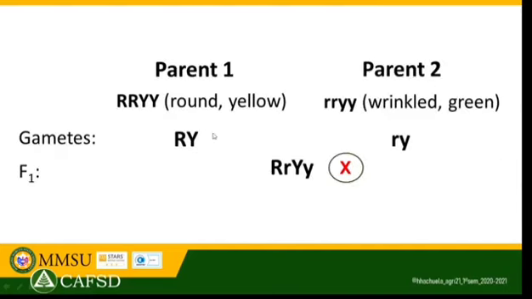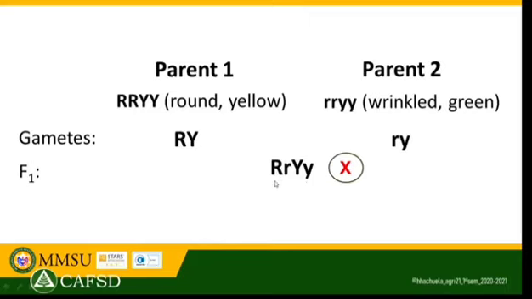We combine the two gametes together, dominant R, recessive R, we have dominant R, recessive R, a heterozygous genotype. And then we combine dominant Y and recessive Y together, we have heterozygous genotype. And this is now called a hybrid. Okay, hybrid. This is a dihybrid individual. Okay, the phenotype of this individual is round and yellow.